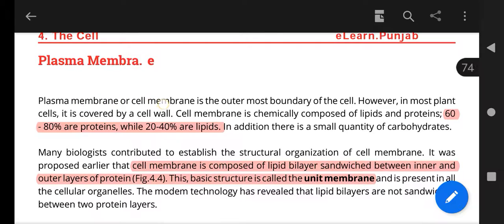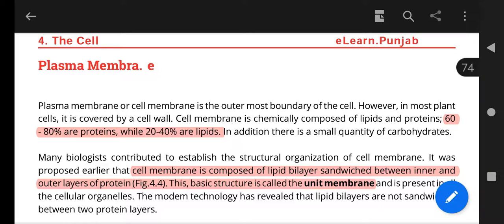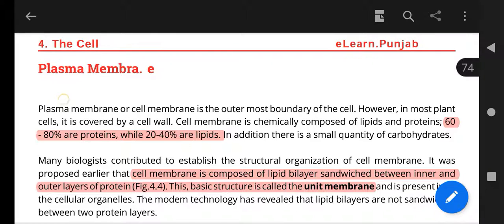Plasma membrane or cell membrane is the outermost boundary of the cell. Here we can also see the words plasma membrane or cell membrane. There is a little bit of difference between plasma membrane and cell membrane. The cell membrane of the cell is called the plasma membrane. Why is it called plasma membrane?